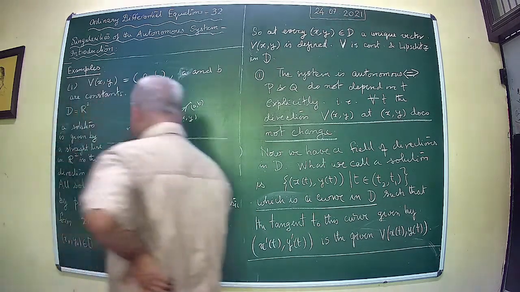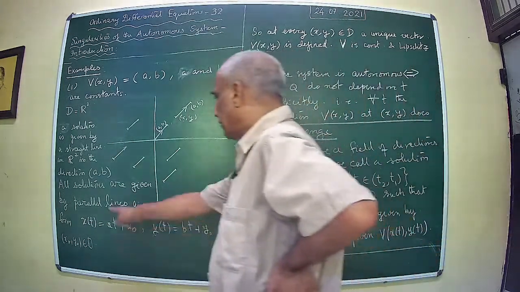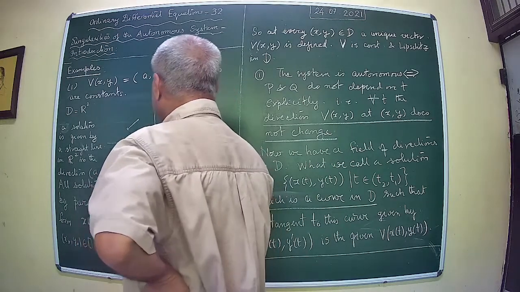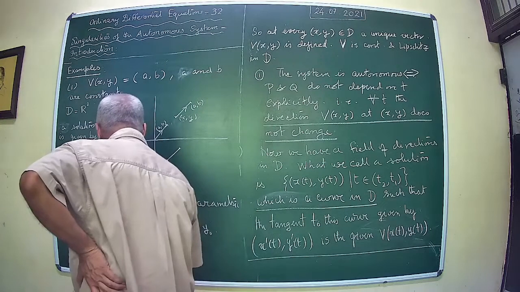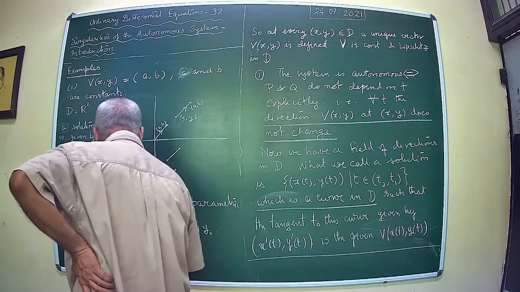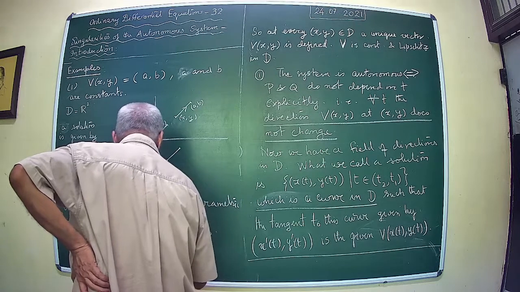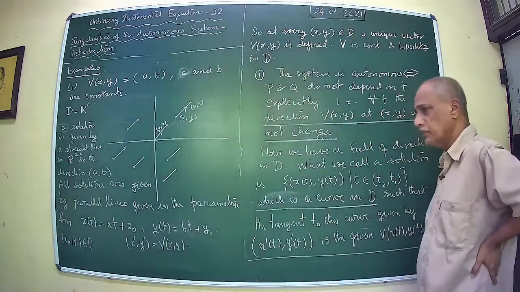Now you can immediately check it's a solution, because x'(t) is equal to a, y'(t) equal to b, therefore (x'(t), y'(t)) is this vector, this is the differential equation.